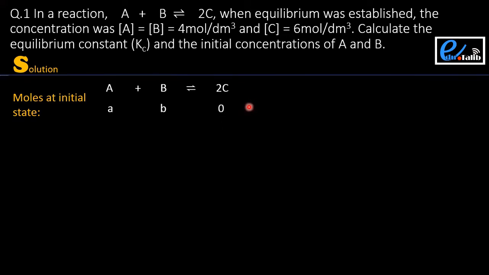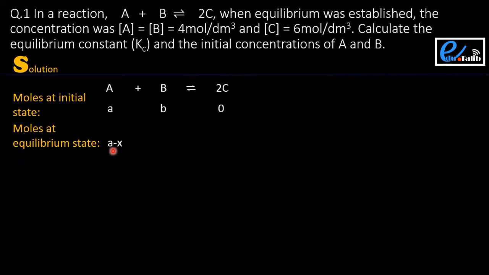Now the reaction starts and it ends at equilibrium state. So this is the moles at equilibrium state. Here, by the same rule as we discussed in the previous lecture, the moles consumed during a chemical reaction is x mole.